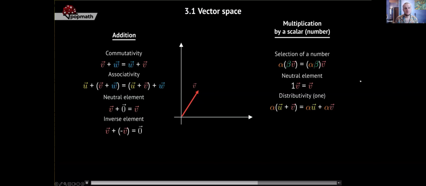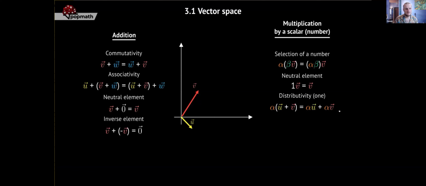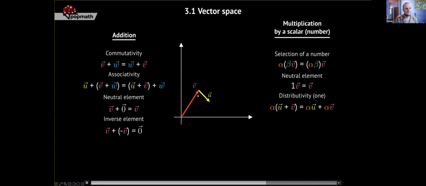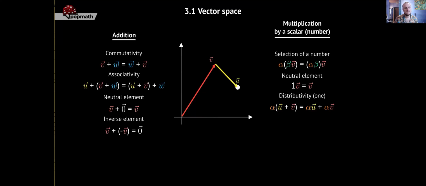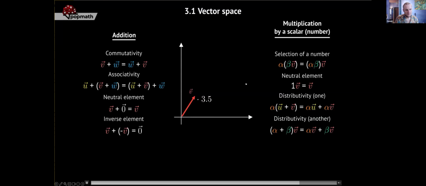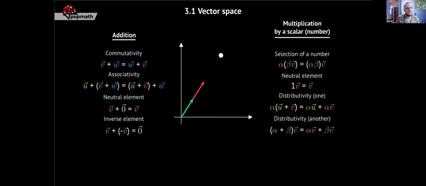And distributivity works as well. If we multiply by 2 and then add, we arrive at this point. If we go the other way, first multiply by 2 and then add, we have the same result. And there is another distributivity, which again shows that no matter what we do, we arrive at the same place.